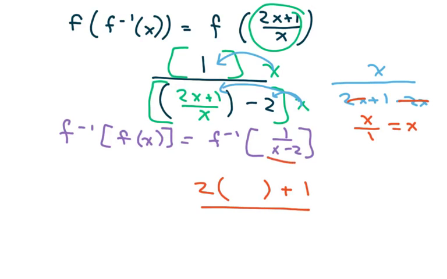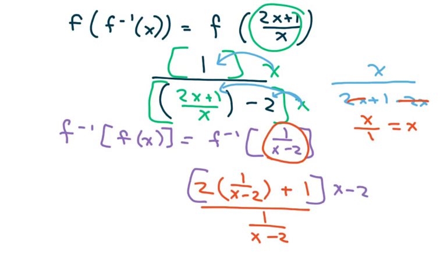And so my x that I'm inputting is 1 over x minus 2. Again, I'm going to do the little algebra trick, and I'm going to multiply the numerator by x minus 2, and I'm also going to multiply the denominator by x minus 2.